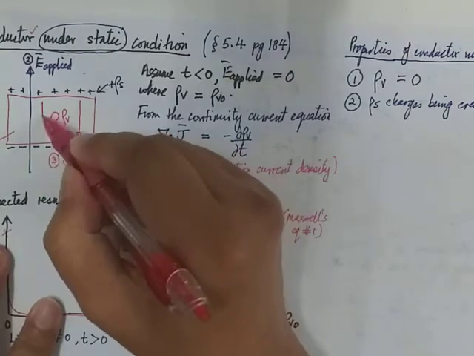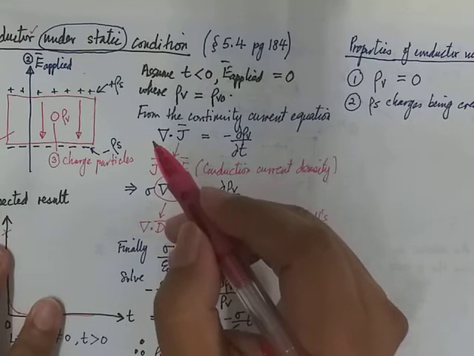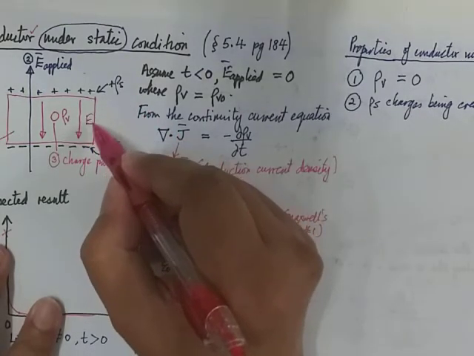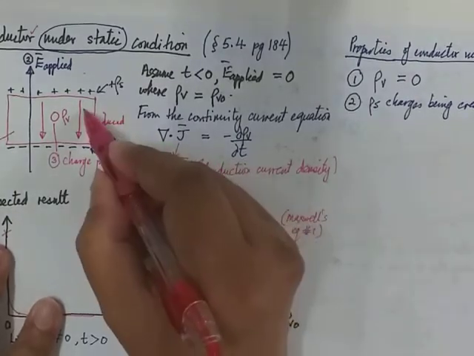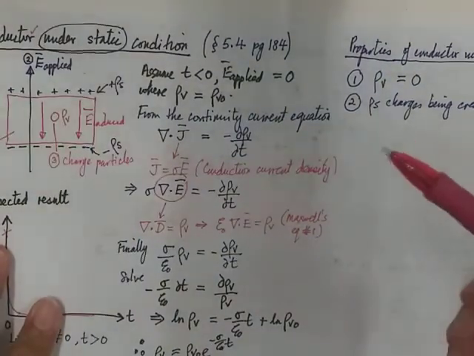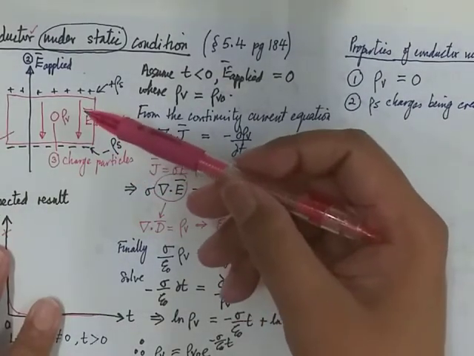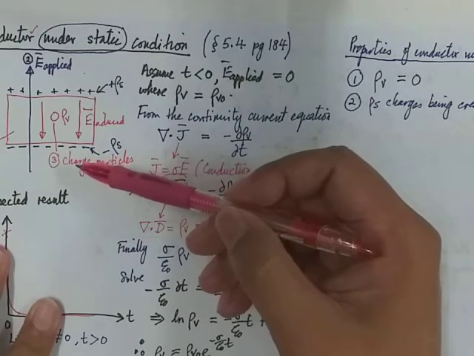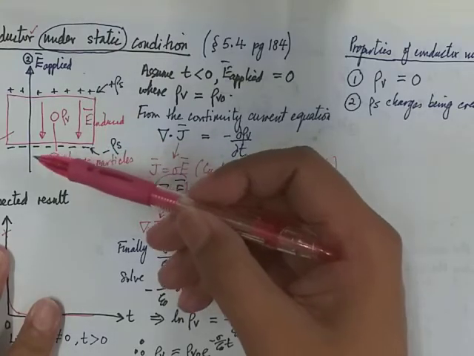This red field is due to the existence of rho s, and we call it E induced. It is a vector, and its direction is from positive charge to negative charge of the surface charge created from the volume charge.